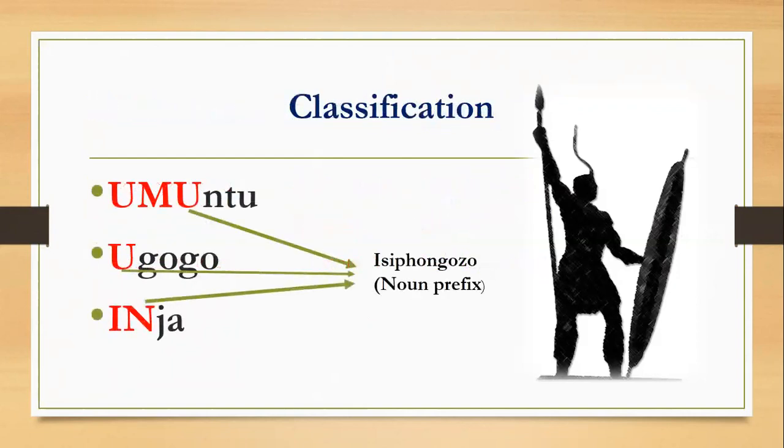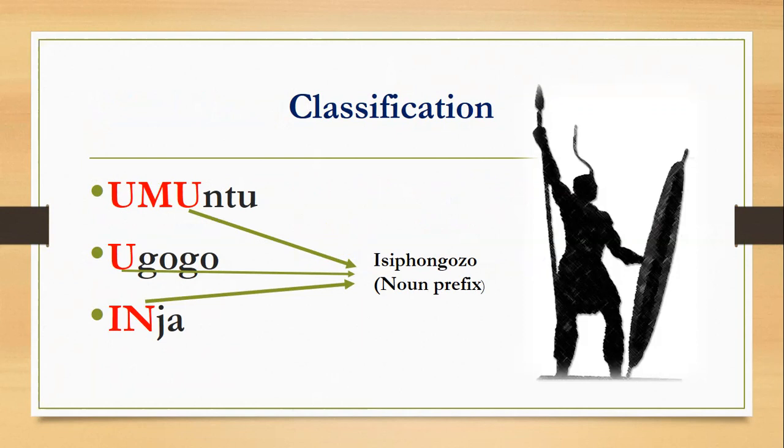So I want us to talk about the classification of nouns in general. Okay, so every noun, ngesiZulu, wonke amabizo anesiphongozo. In other words, all the nouns we have in isiZulu have got what is known as a noun prefix.